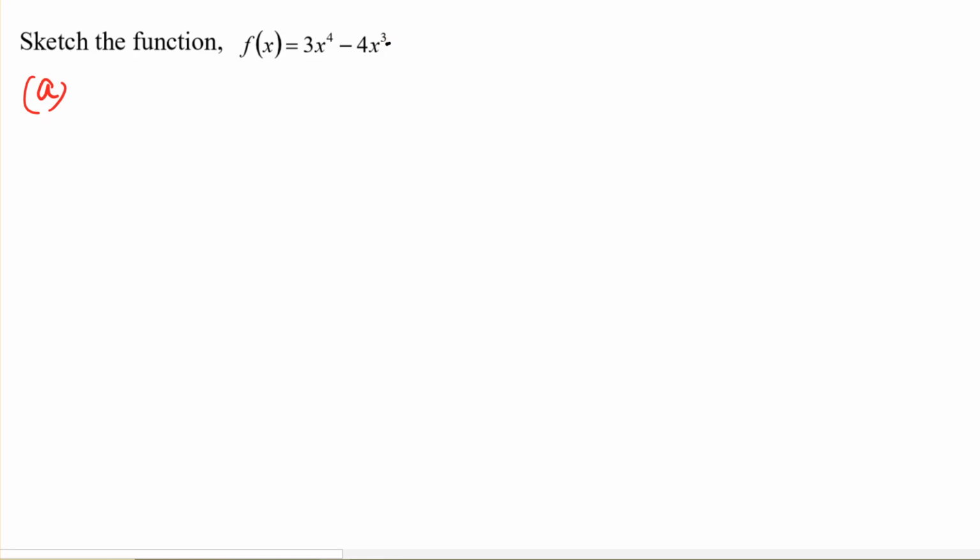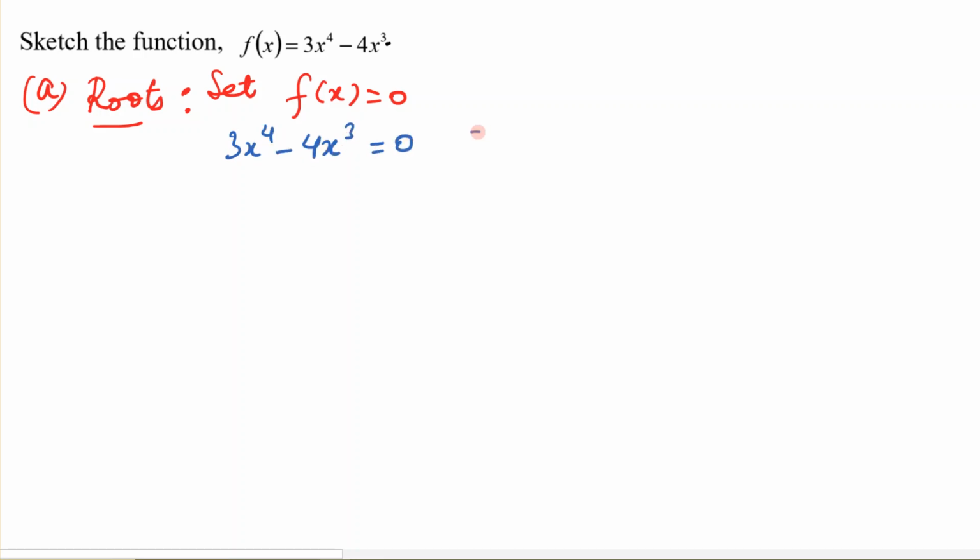First, we're going to talk about the roots of the function. In order to find the roots, we set f(x) equal to 0 and solve this equation for the values of x. This implies 3x^4 - 4x^3 = 0, and from here x^3 is a common factor, so x^3(3x - 4) = 0.